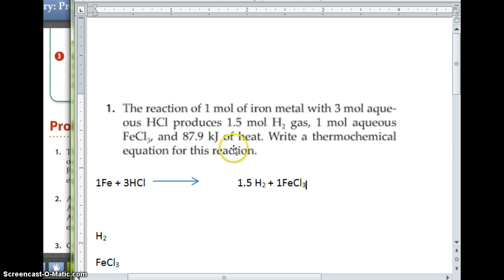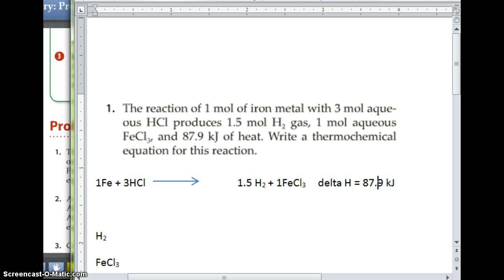No, because what else did it produce? It not only produced hydrogen gas and aqueous iron chloride, it also produced what? Heat, right? So we've got to put that over there. It produced delta H equals 87.9 kilojoules.